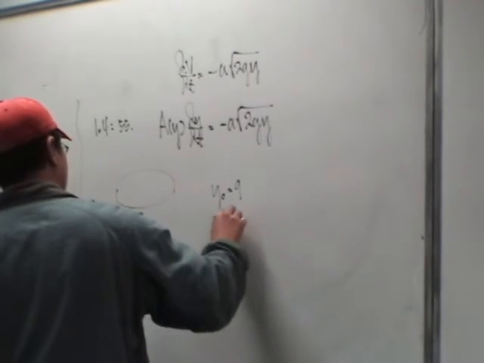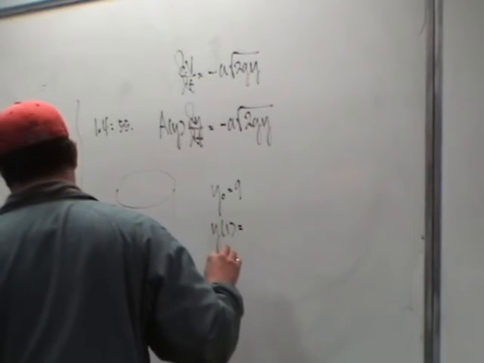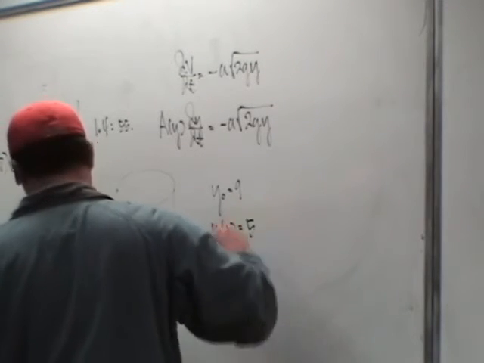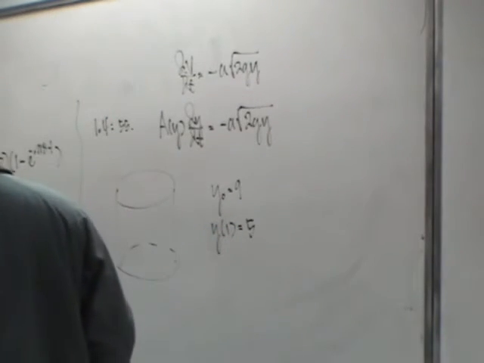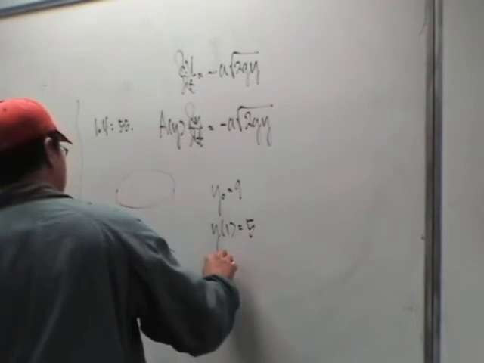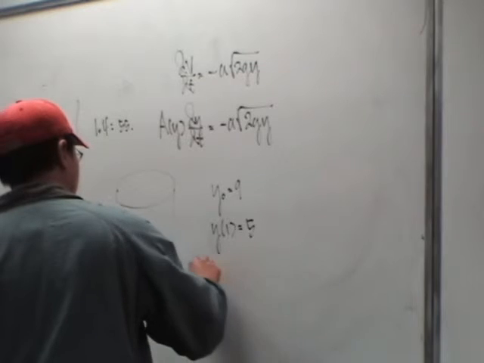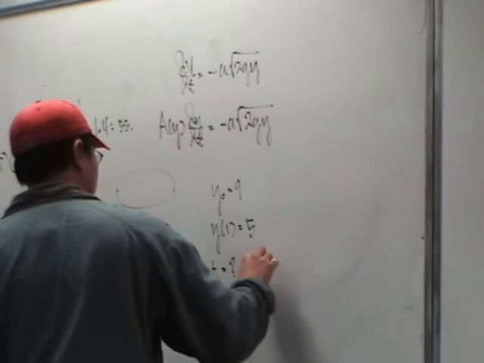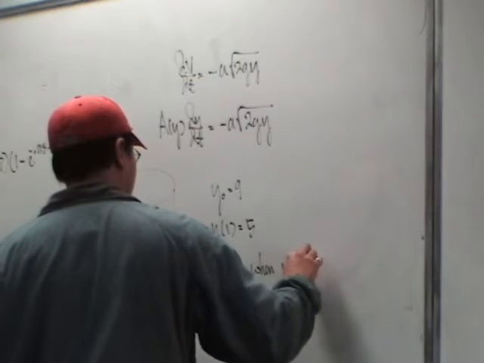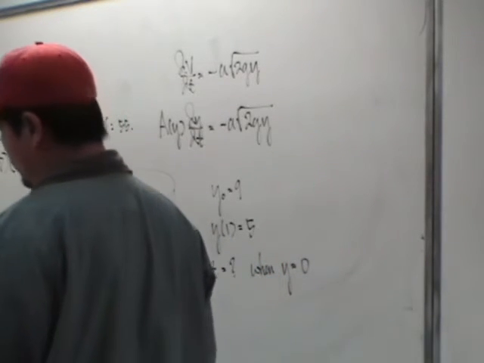So y of 1, let's do it in hours, is 4. So 4 feet drop, so it's 5. How long does it take for all the water to drain from the tank? So basically, what is time t? T equals what, when y is equal to 0?